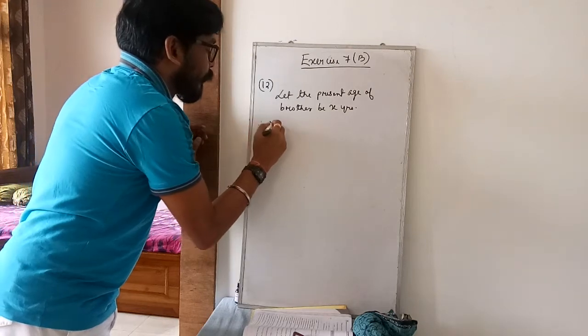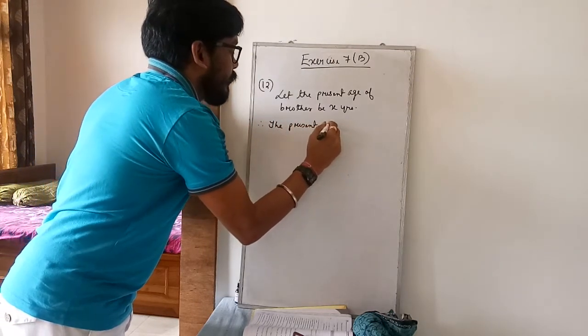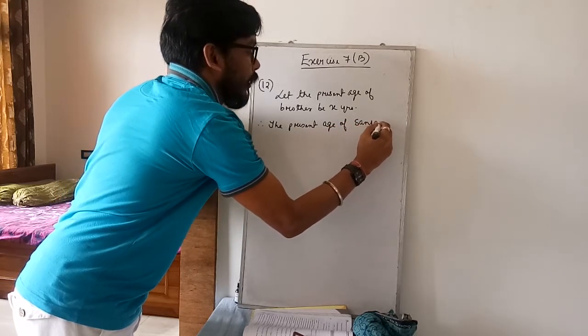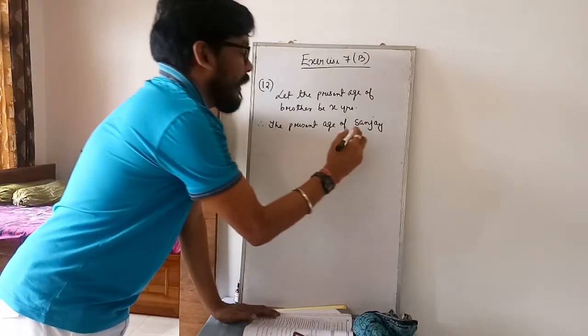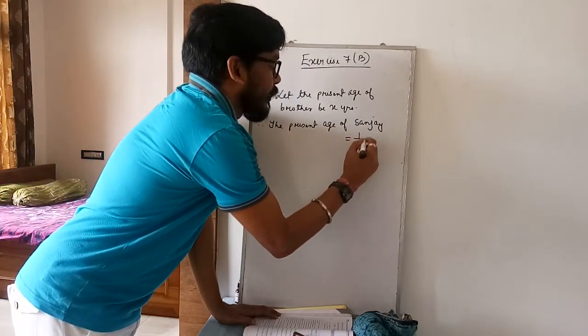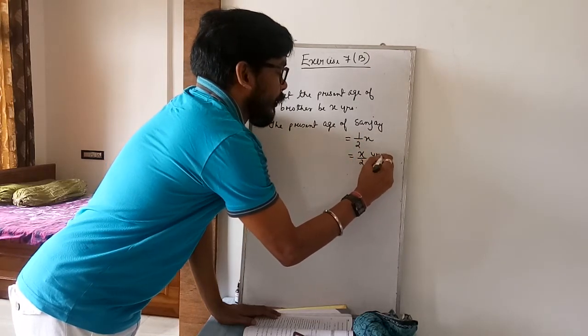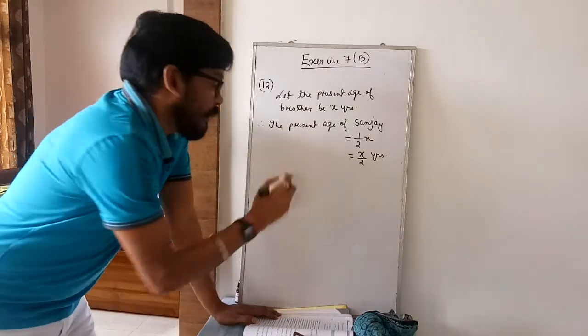Therefore the present age of Sanjay equal to, it is half of his brother. See, brother is x, Sanjay will be half of his brother. That means half x means x by 2 years. So you have taken brother as x and Sanjay as x by 2.